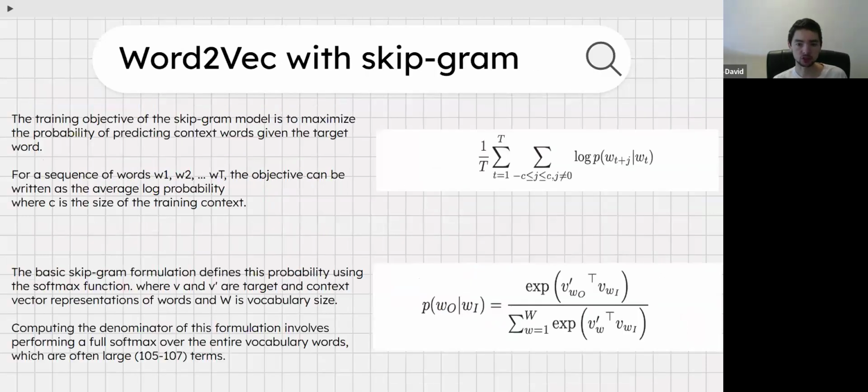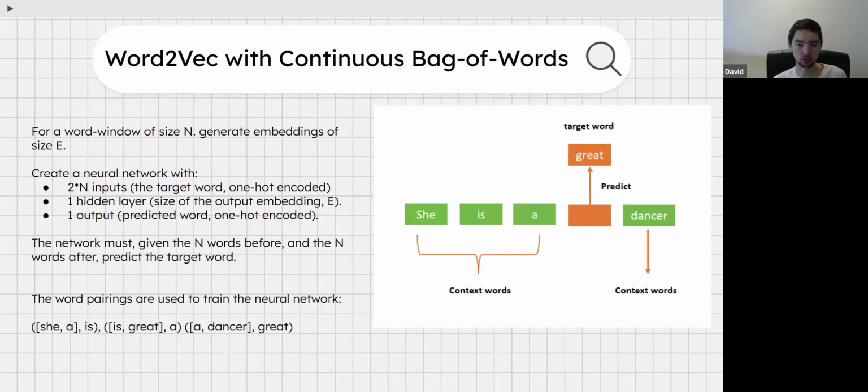Let's go back to continuous bag of words, for example. We can take the phrase "she is a great dancer," and then try to figure out what the missing word is, and use that as training data.